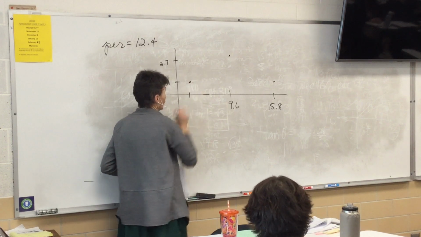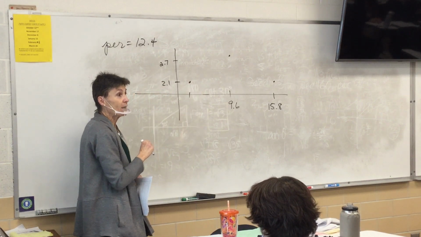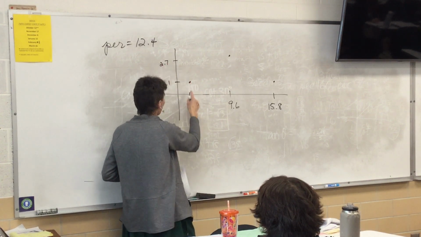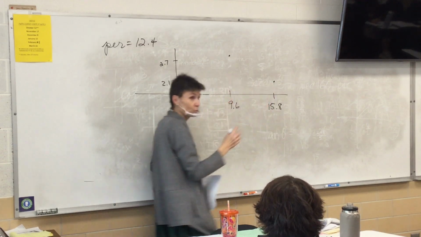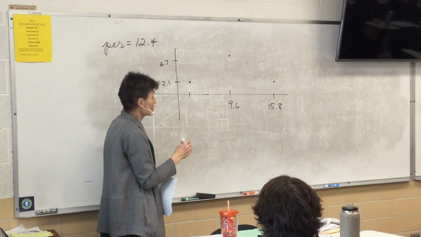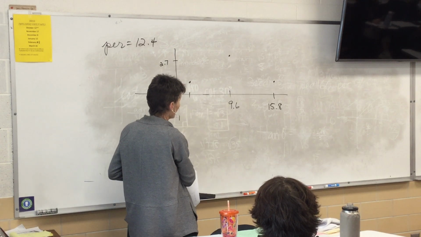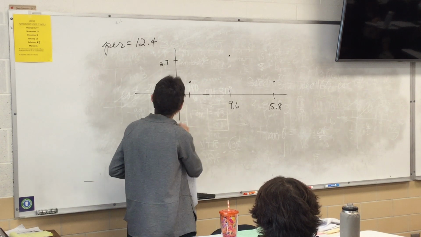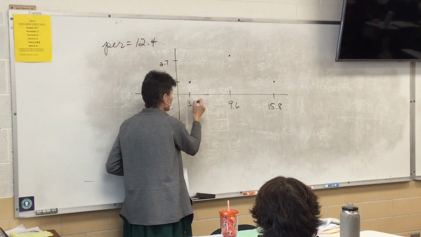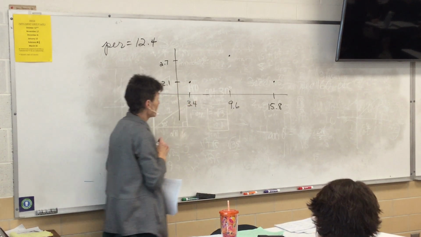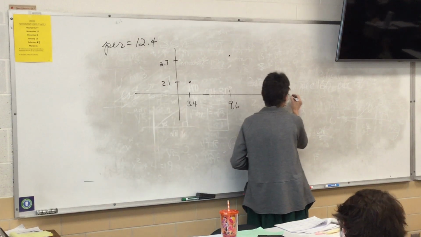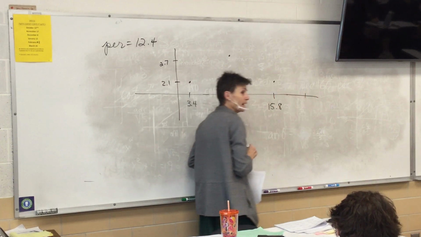There's going to be another low point back here because it's 12.4 units from low point to low point. Would you agree with that? So if that low point's at 15.8, won't I have another one at 3.4? And I could put another high point out here.